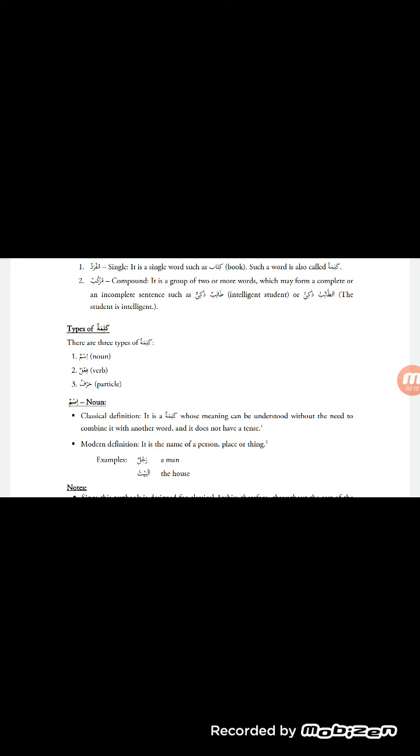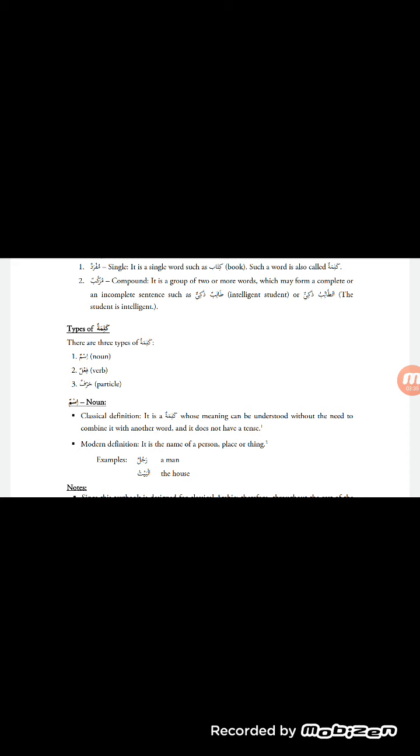But if you write it on a piece of paper, then you will refer to the word as kalimah if it has a meaning. So if it is a single word, such as kitabun, book, it is called a kalima. Mufrad.